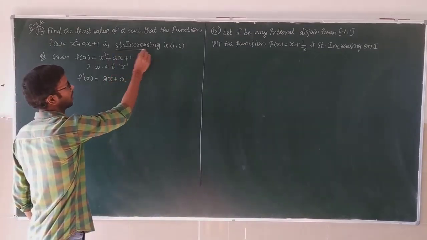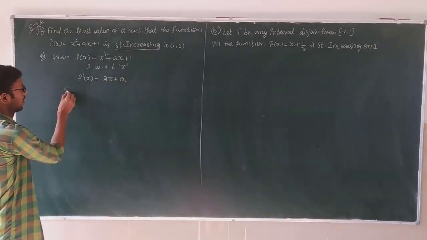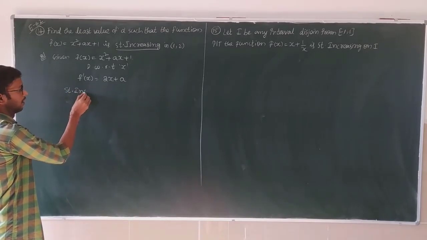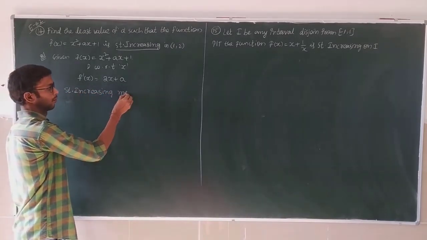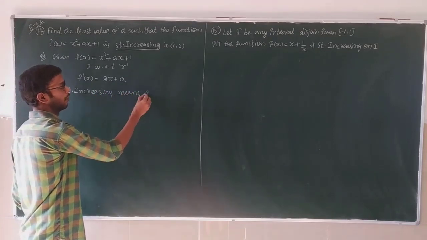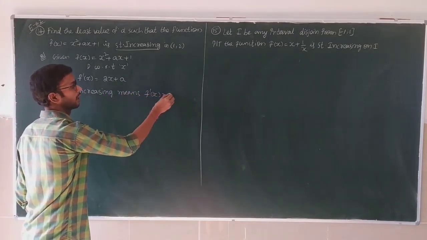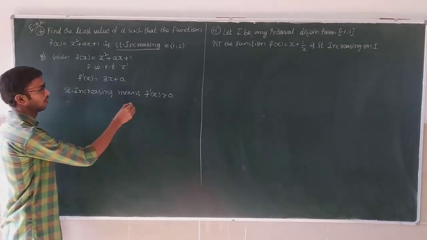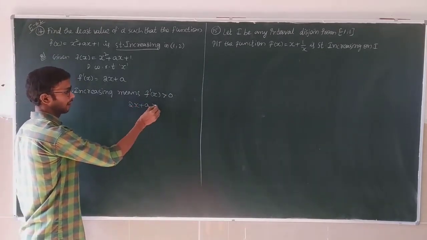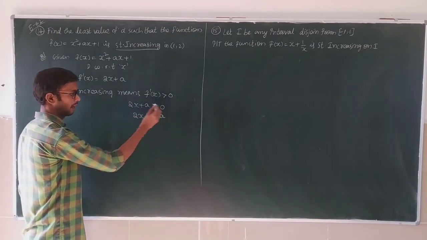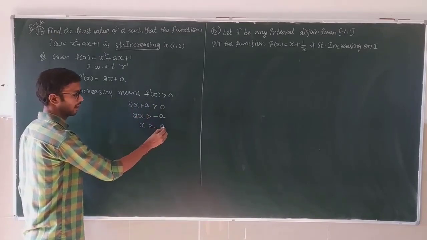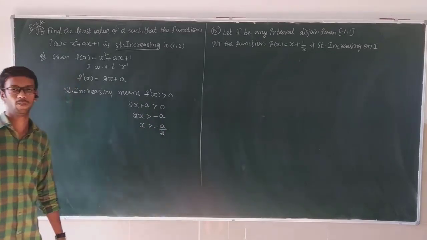What is asked? Strictly increasing means f dash of x is greater than 0. 2x plus a is greater than 0, so 2x is greater than minus a, and x is greater than minus a by 2.